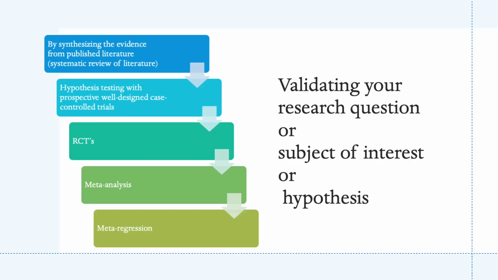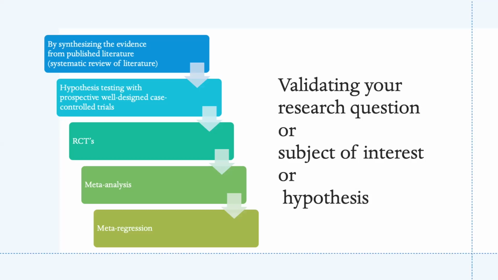If you don't have randomized controlled trials and if the data is heterogeneous, you can still do a meta-regression on the available data in the literature and validate your research hypothesis.